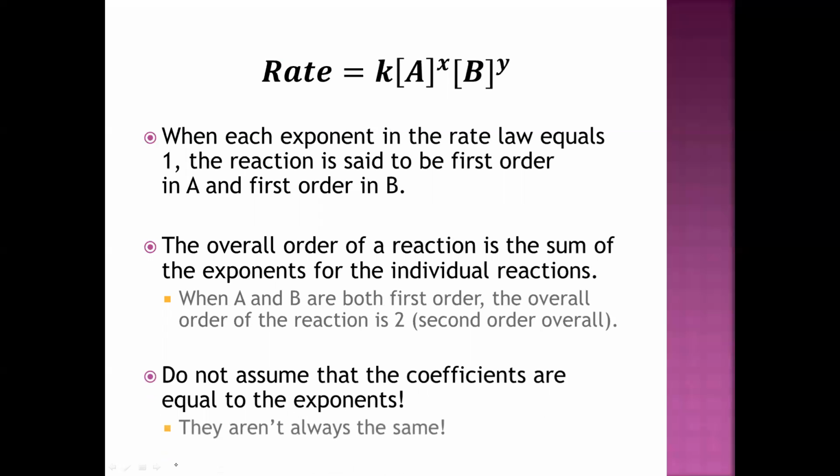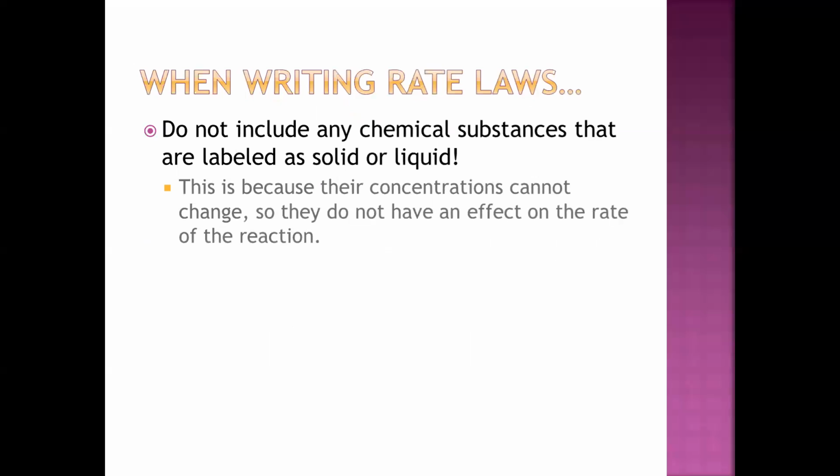But just remember, don't assume that the coefficients are equal to the exponents, because they're not always the same. And when writing rate laws, you want to make sure that you're including only things that are labeled as gaseous or aqueous. This is because their concentrations can change, so they have an effect on the rate of the reaction. So only aqueous and gas can be included, not solid or liquid, and only include reactants. Don't include products.